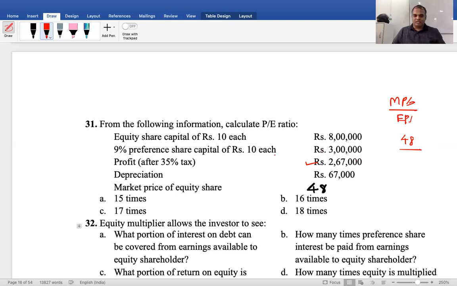Preference dividend is 9% on 3 lakhs, which is equal to 27,000. Therefore, 2,67,000 minus 27,000 is equal to 2,40,000 divided by number of shares 80,000. Clear? Therefore, EPS 3. So 48 divided by 3 is equal to MPS.